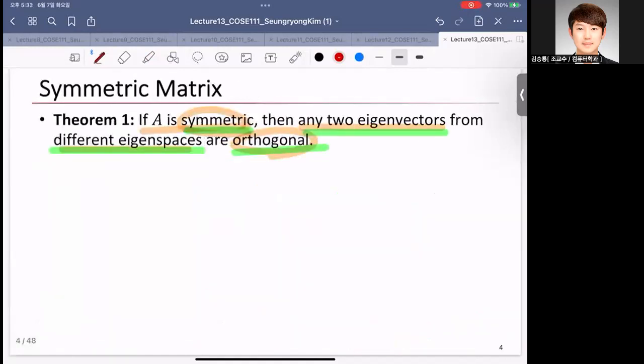So like this, if matrix A is symmetric, two eigenvectors from different eigenvalues are orthogonal. This is the new theorem for the symmetric matrix case.